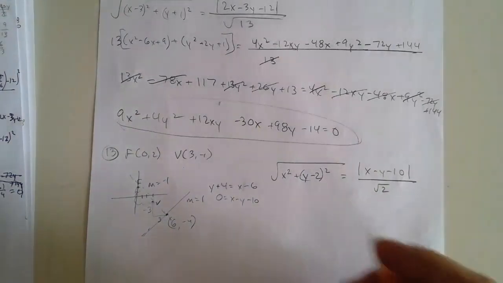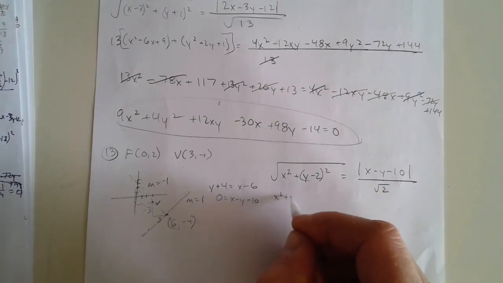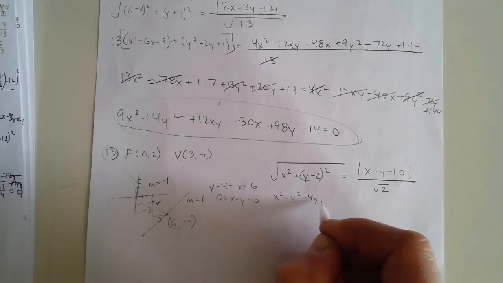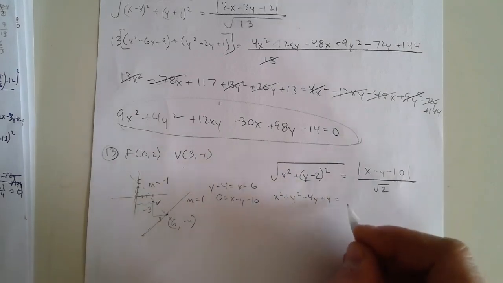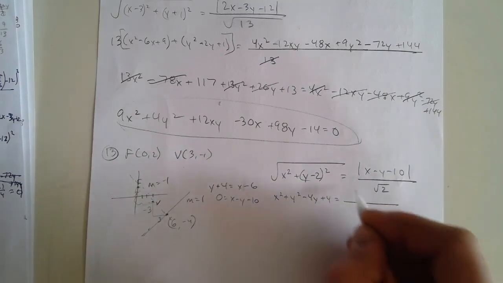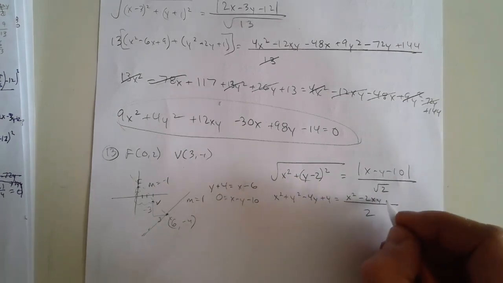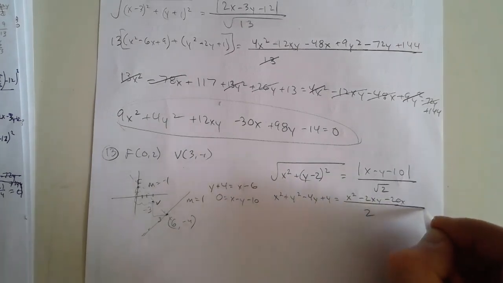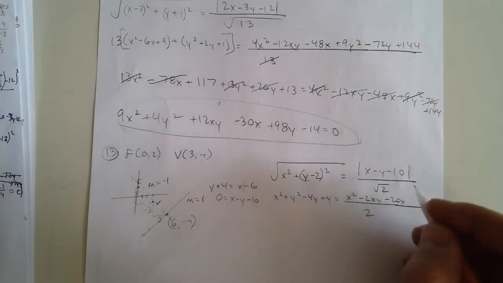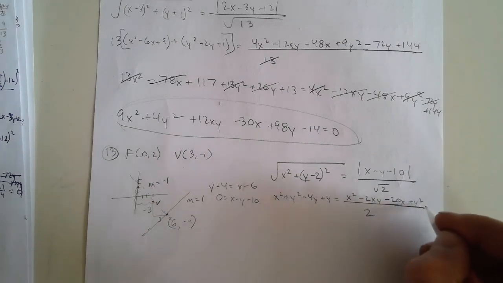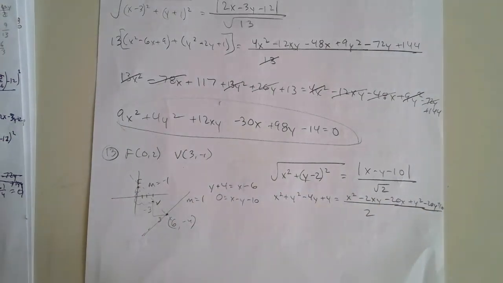Okay, I square both sides. Then this is going to be over 2, and that's going to be x squared minus 2xy minus 20x, plus y squared minus 20y, and then plus 100. I'm just checking my work.